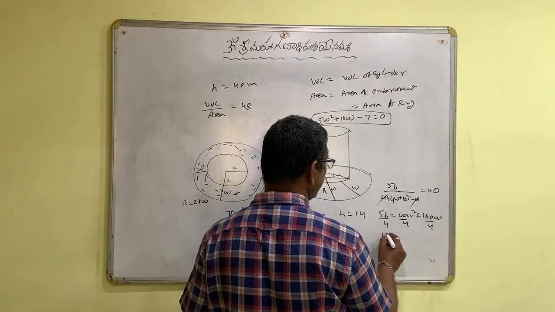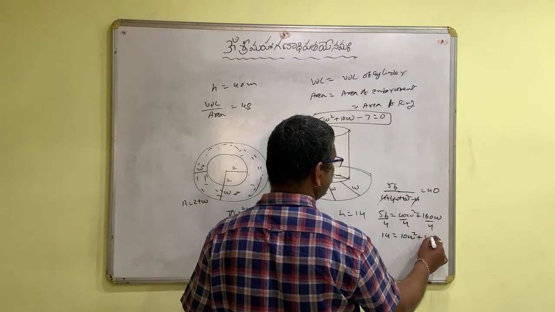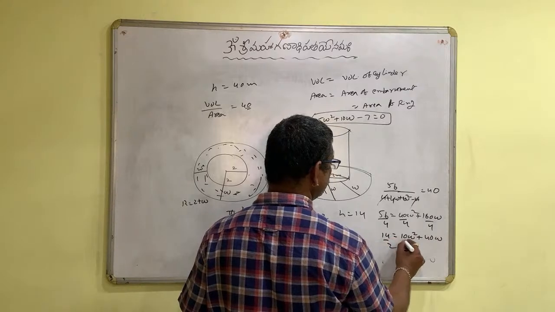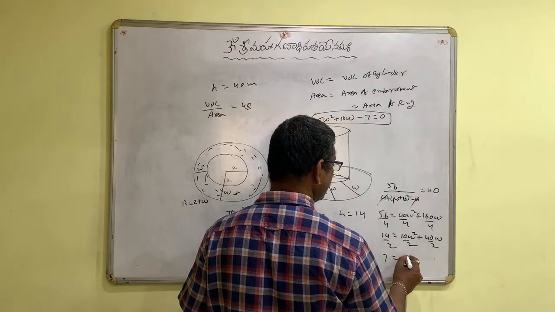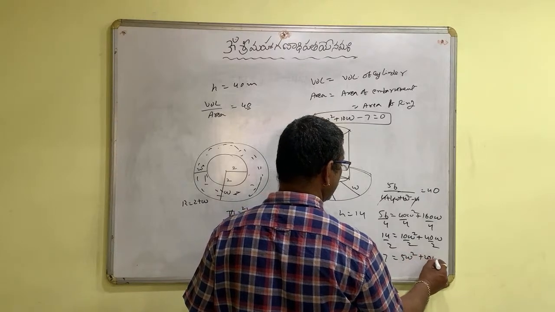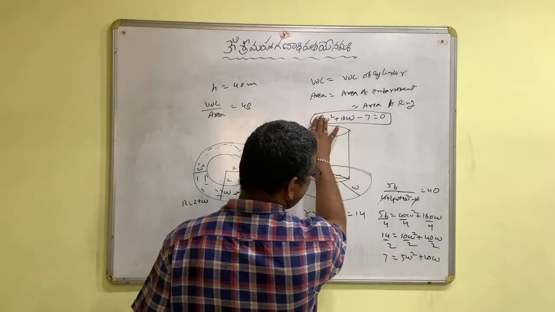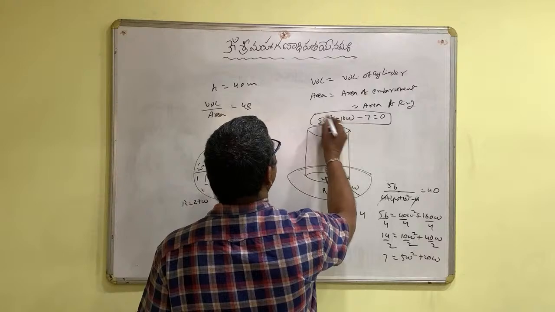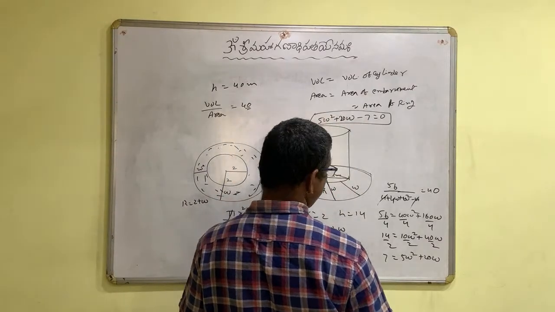So what will you get? 14, 10W square, 40W. Again with 2. So 7, 5W square, 20W. So then what you will get? 5W square plus 20W minus 7.